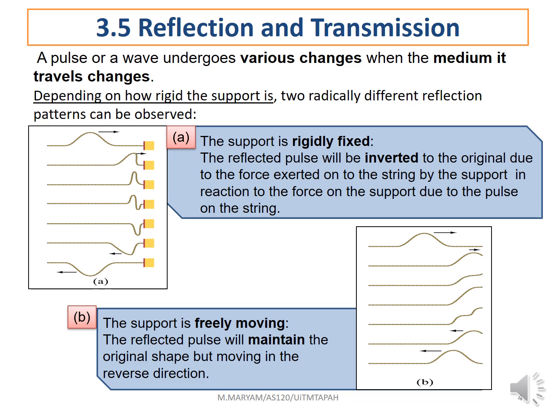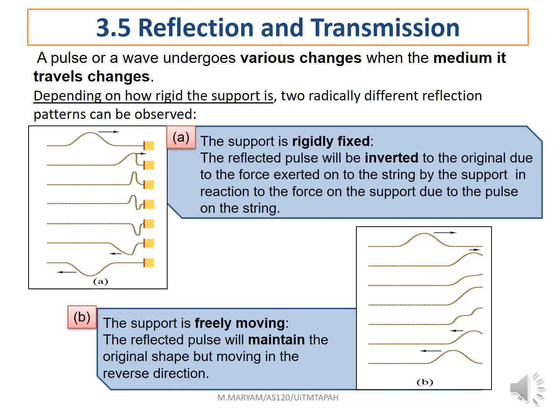For example, in A, as you can see, N1, the support is rigidly fixed. So the reflected pulse will be inverted to the original due to the force exerted on the string by the support in reaction to the force on the support due to the pulse on the string.